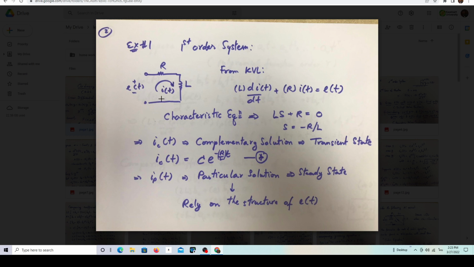and i of t happens with the closed circuit here. From Kirchhoff's voltage law, you can see that all the voltages within this loop have to be equal.